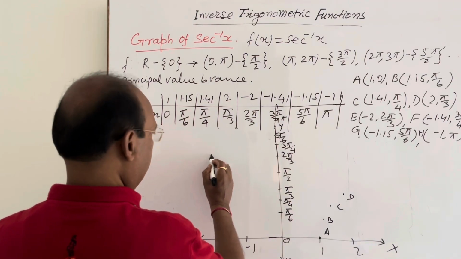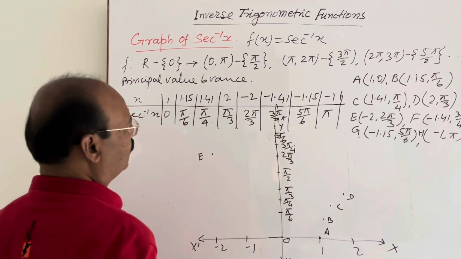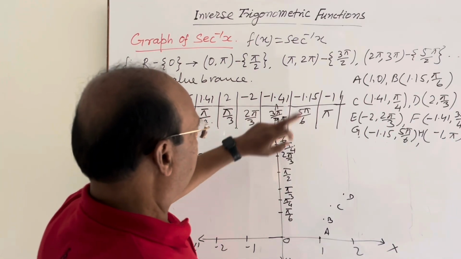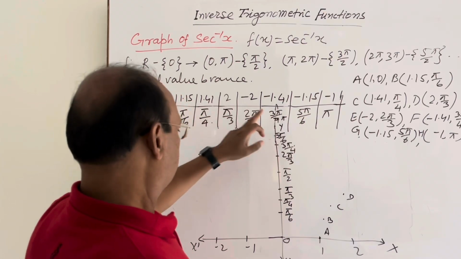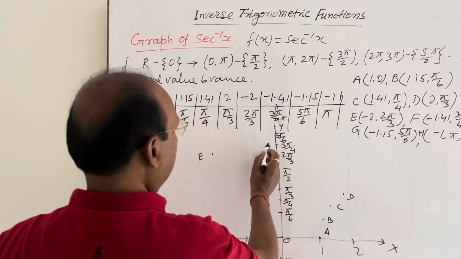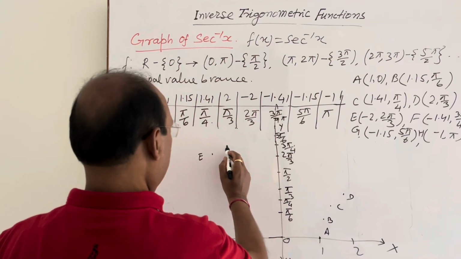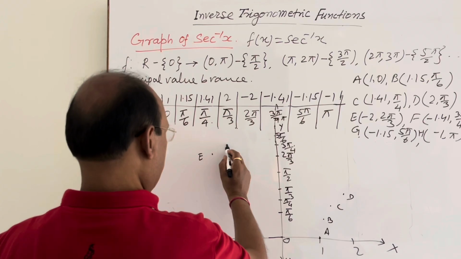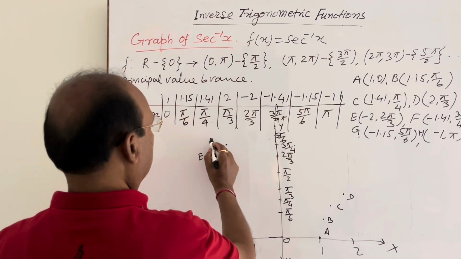So approximately we can plot a point. This is point E. Then -1.41 is the x coordinate and 3 pi by 4. 3 pi by 4 is here and the x coordinate will be -1.41. This will be approximately here. This is point F.